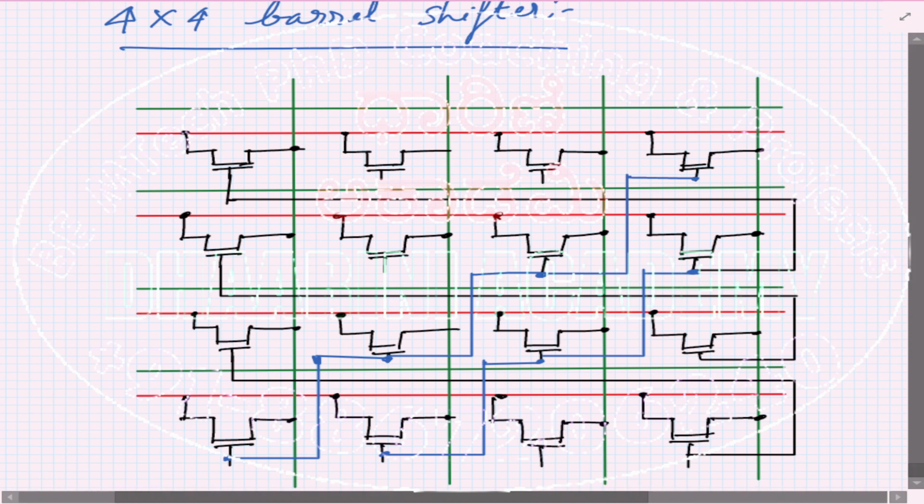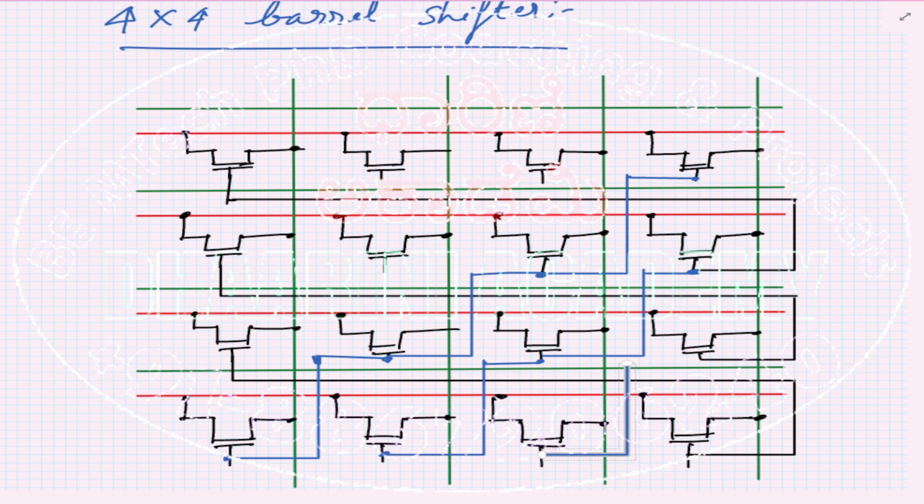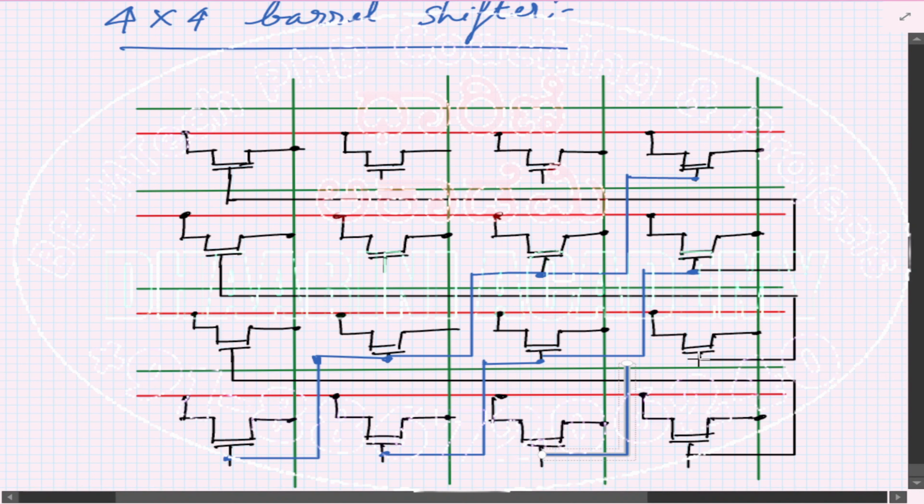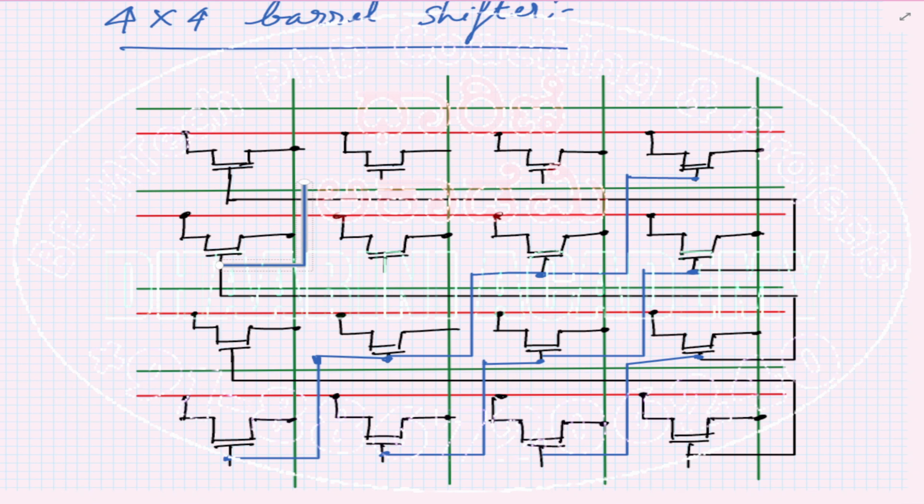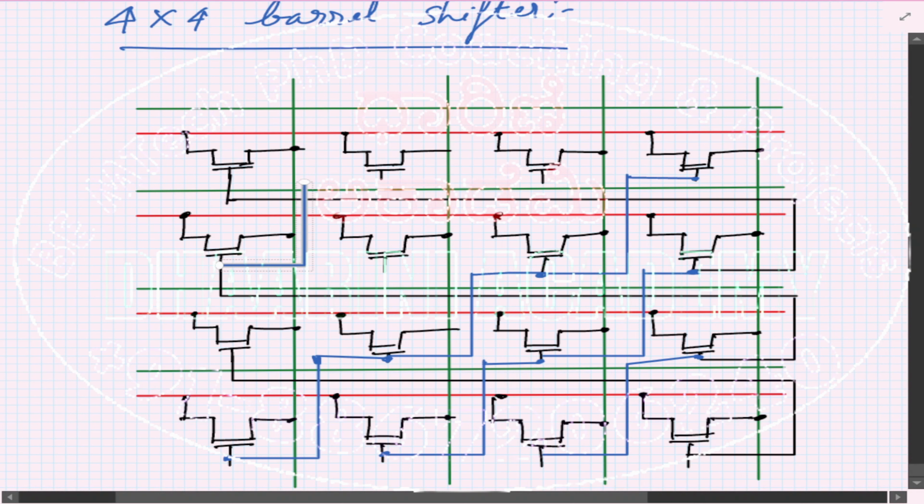I start from, say, this point, I move around here and I connect from this point to this point. So this is my connection, this is already connected here. Now I have to finish this starting from this point, going to this point and connecting it. Connect this point to this point.